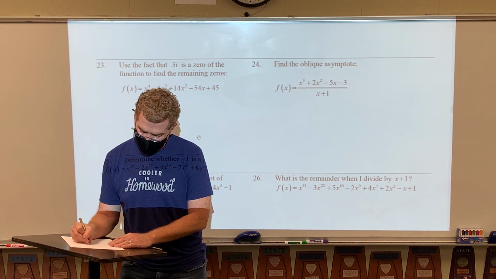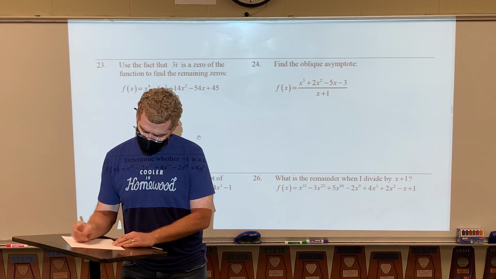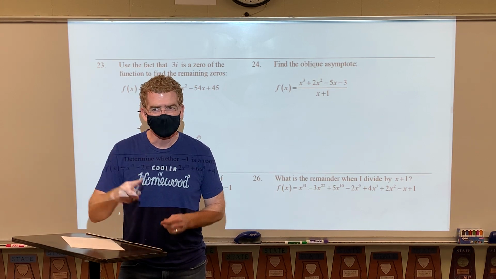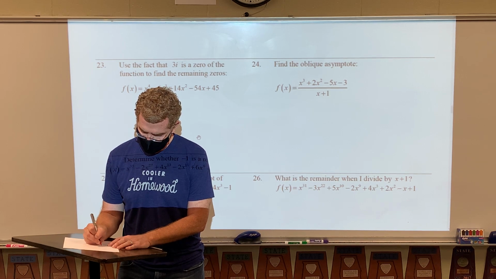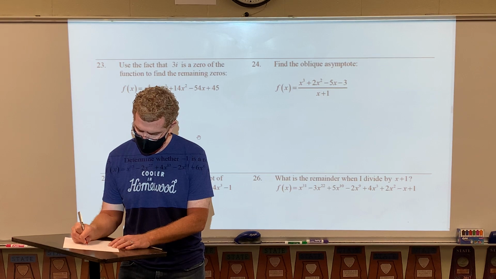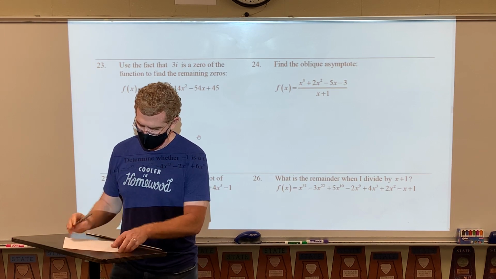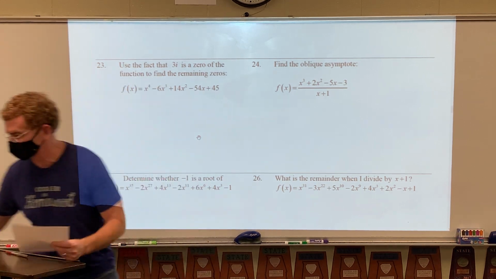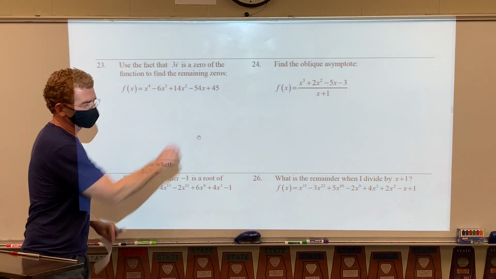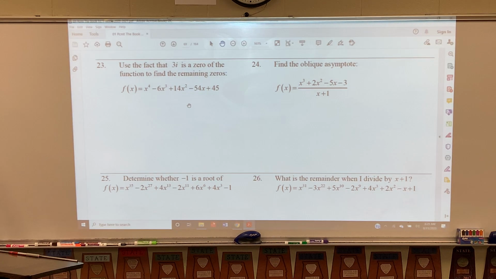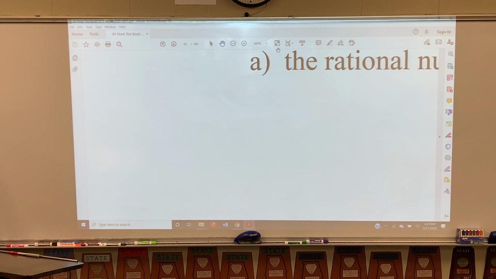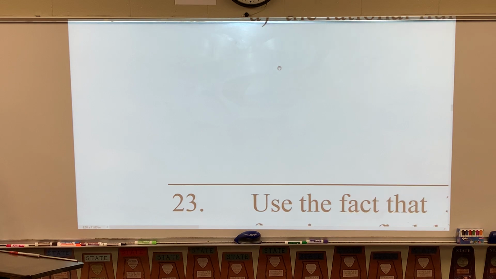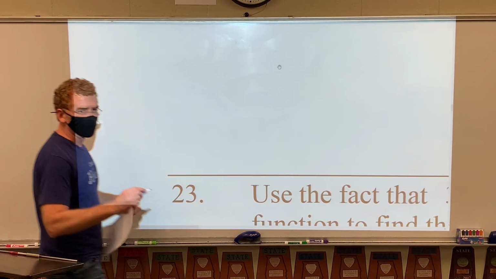But this is probably one of the easier things to do in terms of what you do, but hardest things to do in terms of not making a careless error. Okay, so here we go. Hopefully I didn't make a careless error in making this. Okay, ignore all of this. Just looking for white space here.